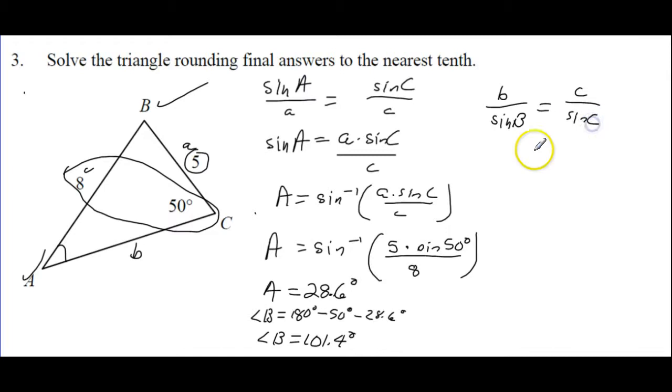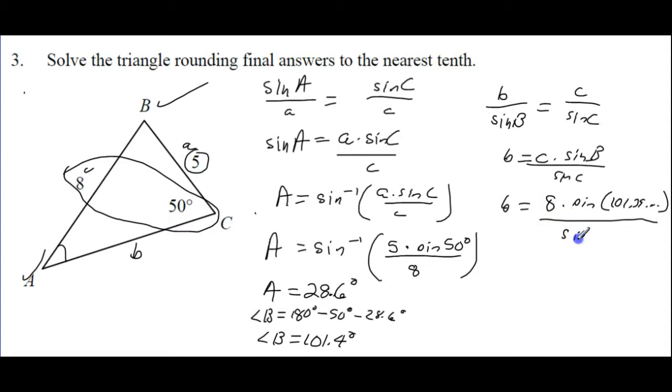And we don't need to do 2 of them here. So B is C times sine B over sine C. B is equal to, little c is 8, times the sine of 101.39, over sine 50 degrees.